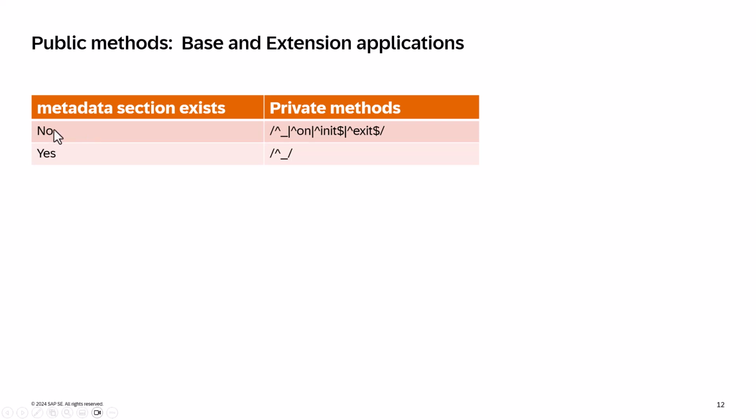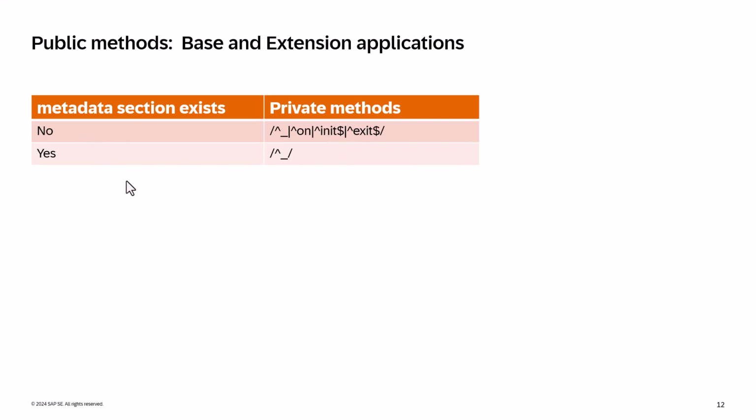Because I don't have a metadata section, anything that starts with underscore, on, init, or exit is considered a private method. You can look at that in the code also here. So depending on whether the metadata section exists in the base application or not, the private methods change.